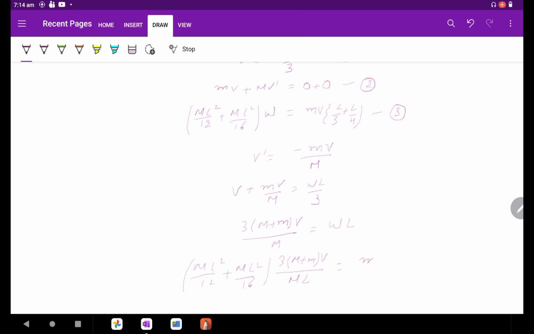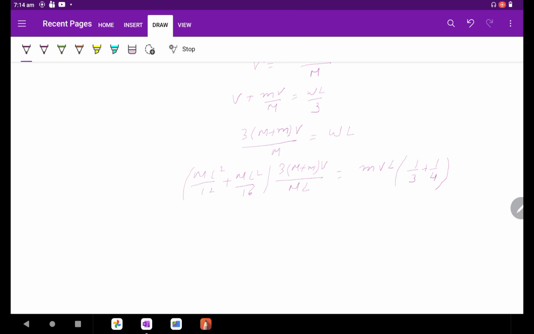To the right, we have mvL into 1 by 3 plus 1 by 4. So far so good. If we take out 1 by 3 plus 1 by 4, this will be thrice of capital M plus small m, I'm keeping it as it is, into v by ML is equal to mvL into 1 by 3 plus 1 by 4. So this gets cancelled, M and M gone, and there's an L as well, right?